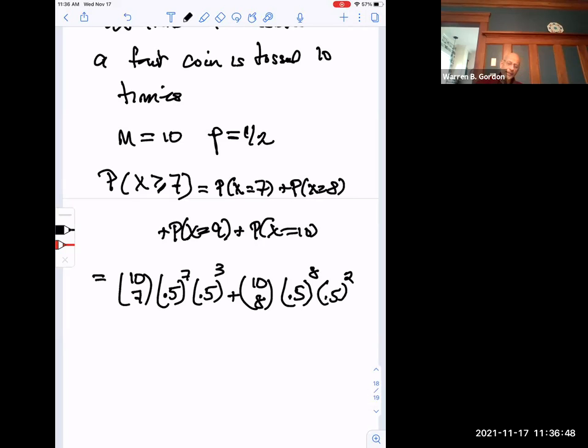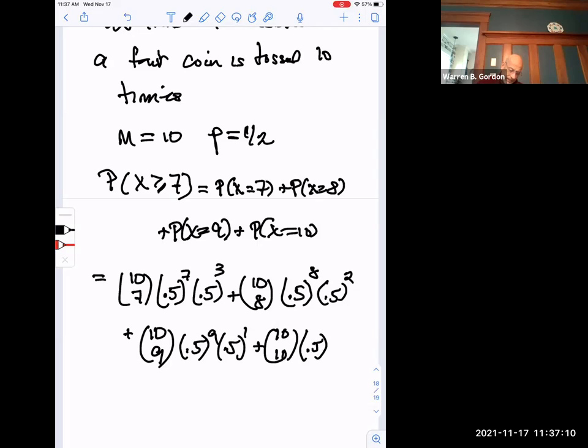Notice the power is always going to end up being 10 here, because it's plus 10 choose 9, 0.5 to the 9, 0.5 to the 1, plus 10 choose 10, 0.5 to the 10, and 0.5 to the 0 power, which of course is 1. We've got a calculator, and this will give you the answer.